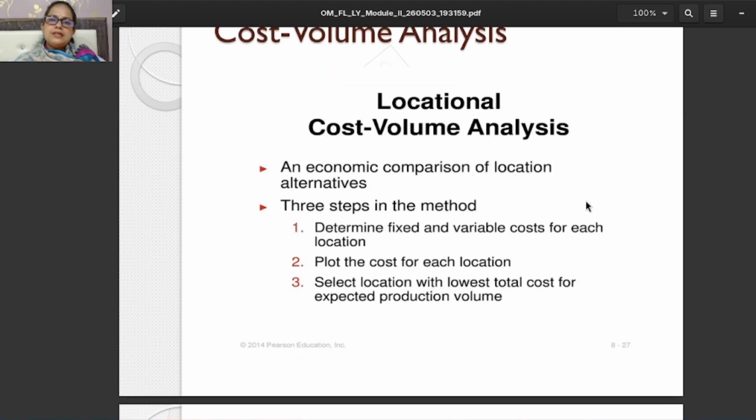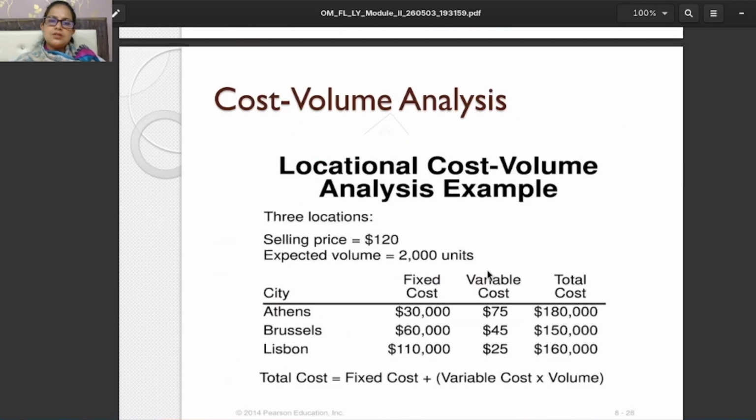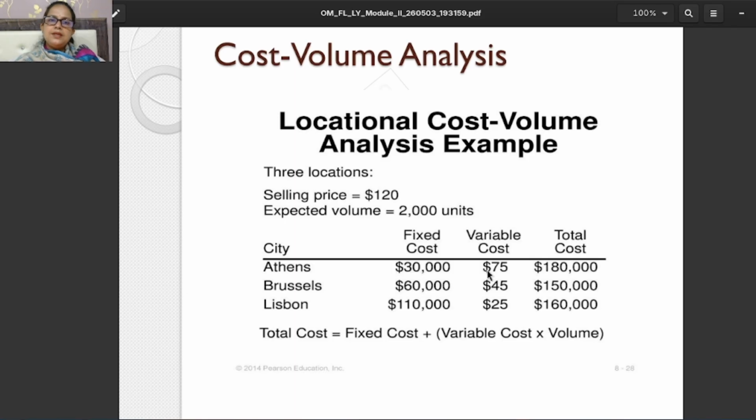The cost volume analysis is also an economic comparison of location alternatives. These things we have already discussed. Let's discuss the cost volume analysis. Here, if you see, one question is given, that is the locational cost volume analysis example.